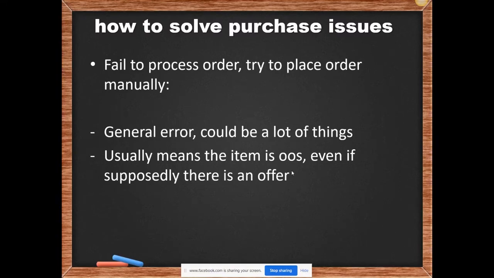even though you see in Amazon an offer and you manage to add it to the cart, when the time comes to actually click the place order confirm button, it will send you an error that the item is not actually in stock.